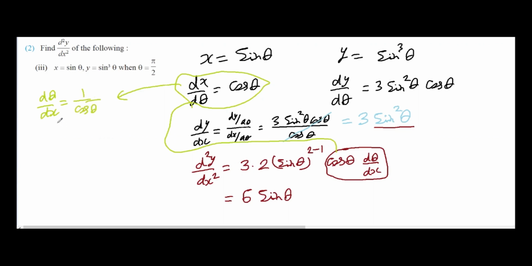I can write this, right? And then when I say cos theta times d theta by dx, this entire term is 1. So I will get this 1. Is this clear?